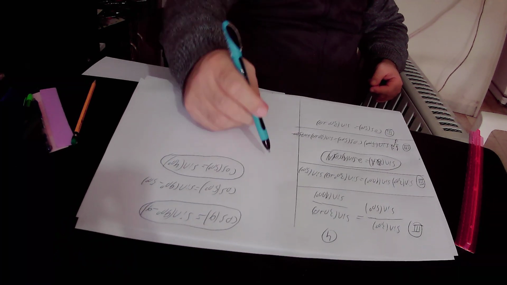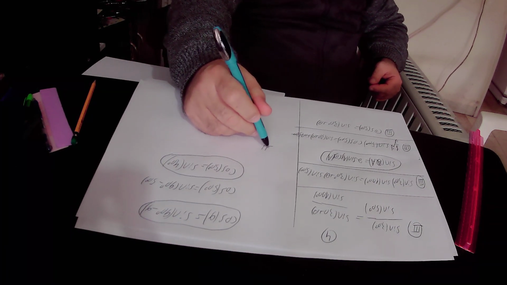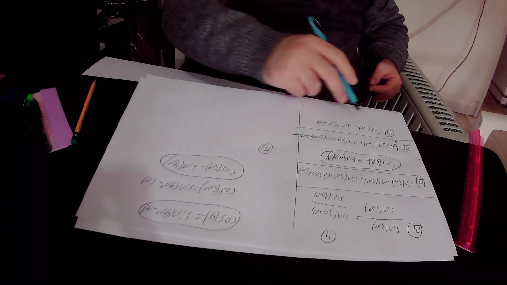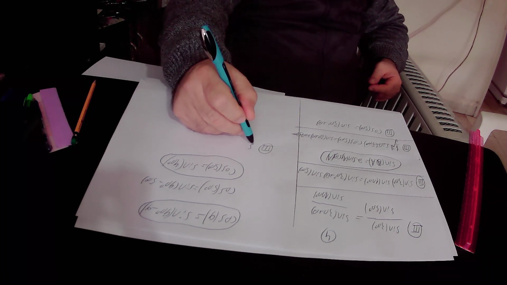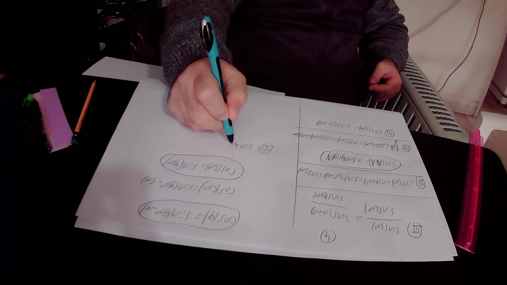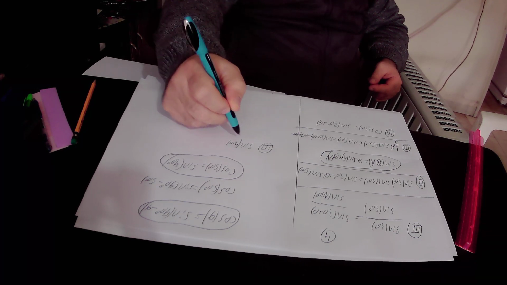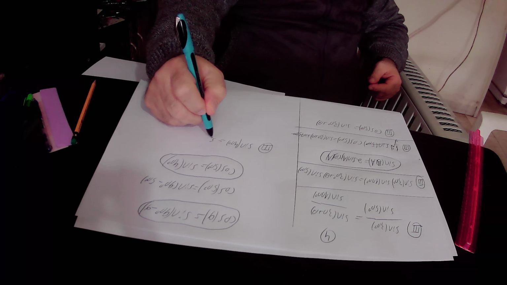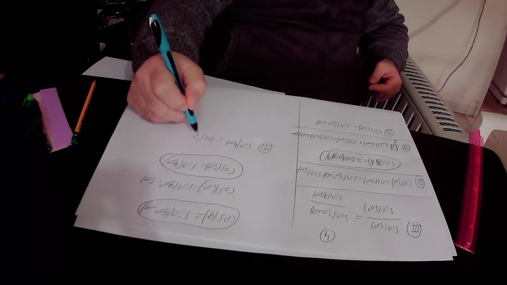So according to equation number 3, cosine 50 degrees, here it is sine 40 degrees, equals sine 30 degrees plus theta.